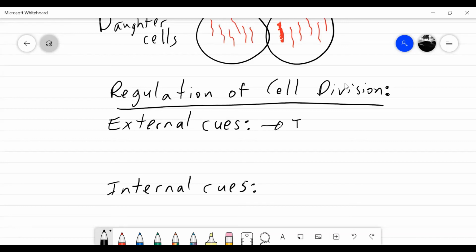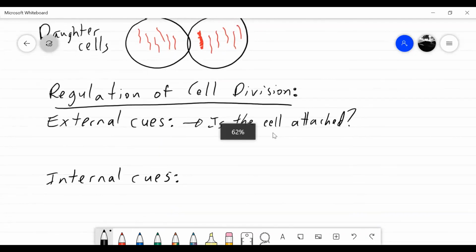So is the cell attached to something? Okay, sorry, I'm just going to shrink this just a tiny bit to make sure I can fit everything in. This is called cell adhesion. So why is that important, right?